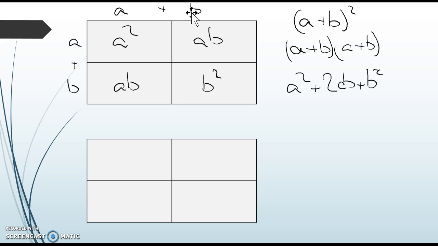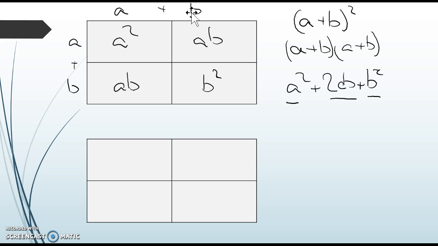Well, if we see that every single time, if we see two numbers that are both squared, and the middle term is 2 times the other two numbers, we have our a term squared, our b term squared, and our middle term showing us 2 times those.